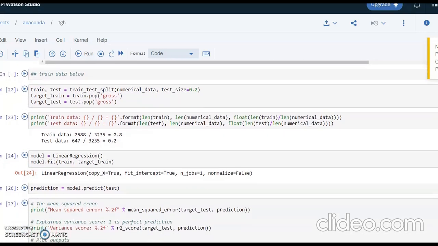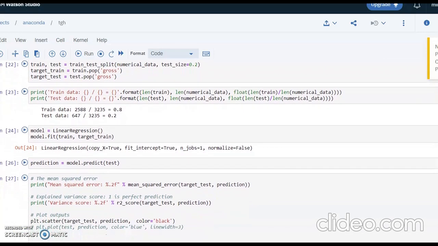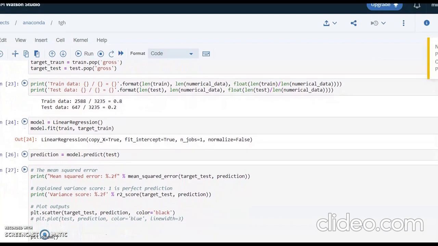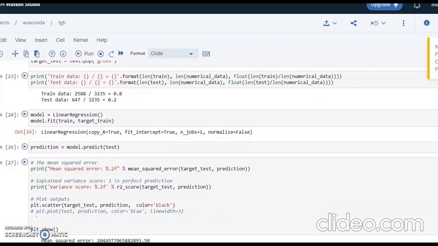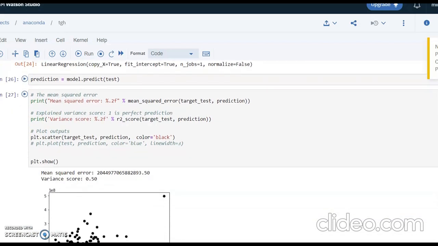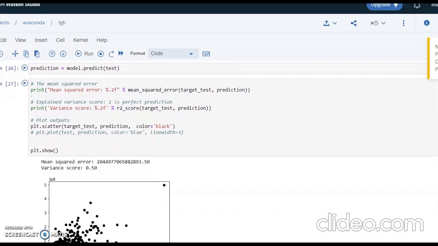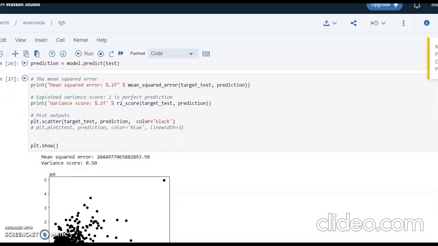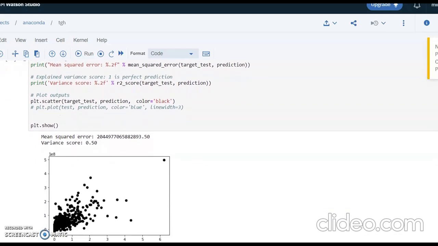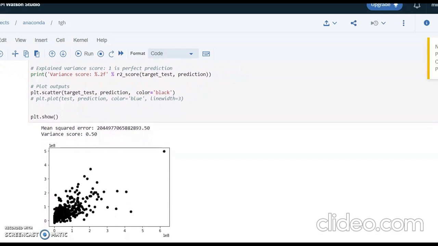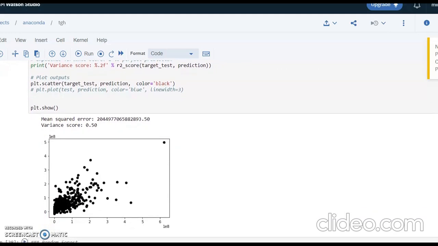So if we see it with the linear regression, we're putting the model as a linear regression model, and then we're trying to predict with the model afterwards. We have to find the mean squared error and the variance score, and then if we make a scatter plot, we see the variance score is 50% and the mean squared error is 20.